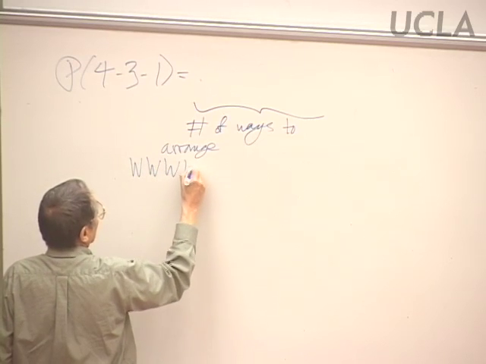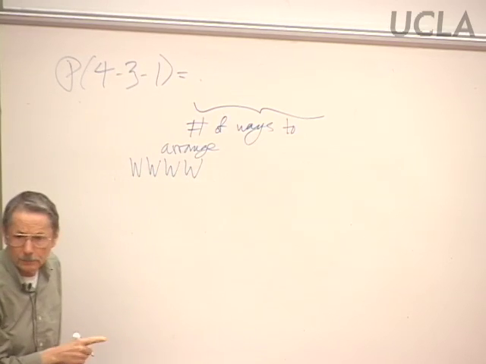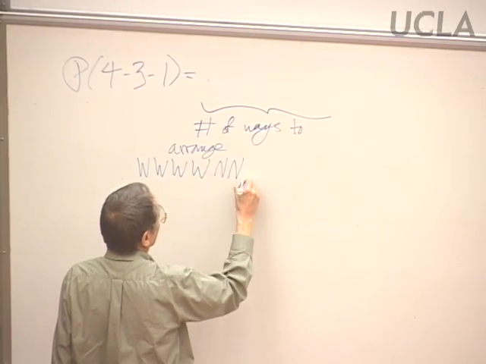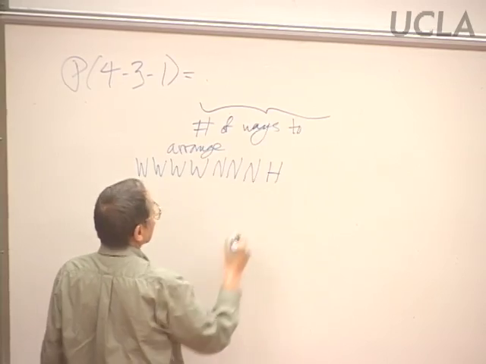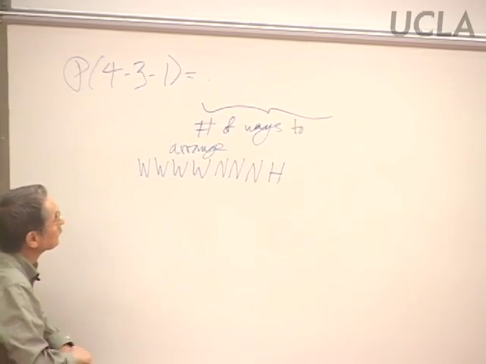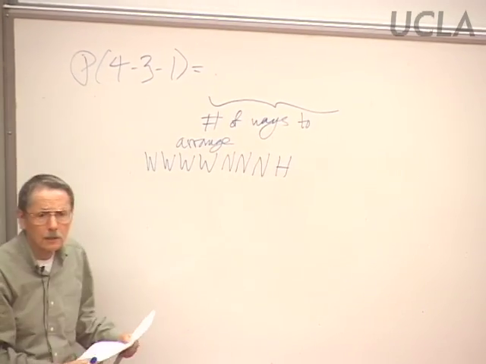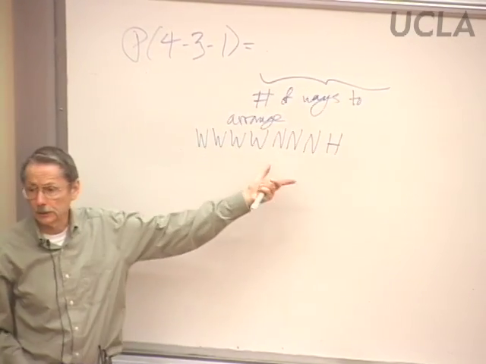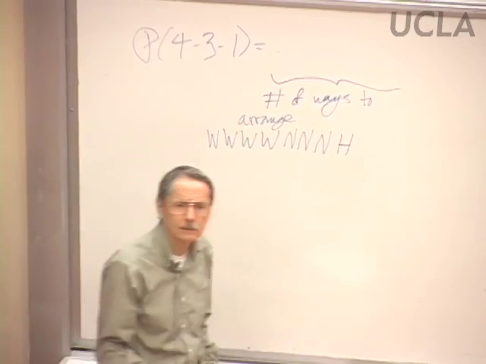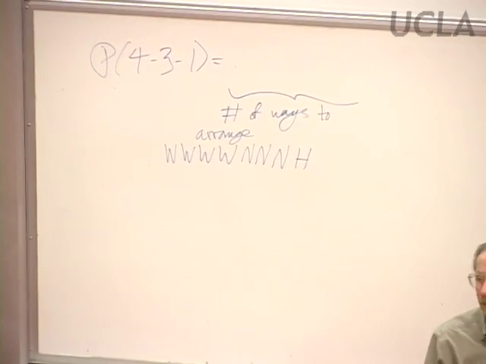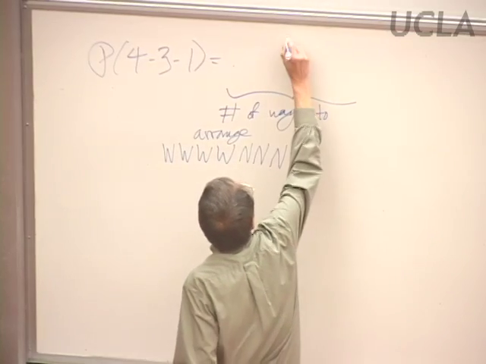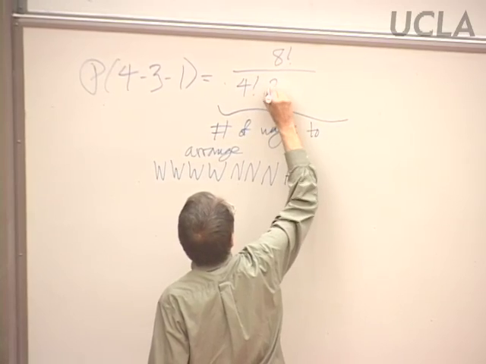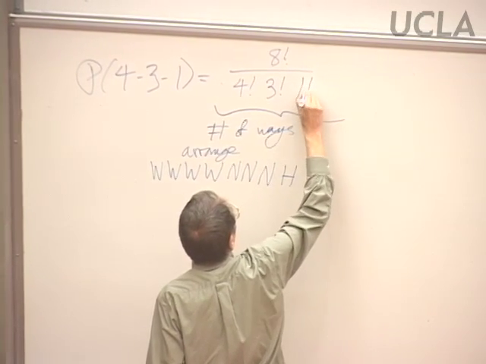We want it to work for 4 of them, no effect for 3, and harmful for 1. These 8 letters. Well, but that's old hat. We know how to count the number of ways to arrange these 8 letters. We did that back in section 12.1. 8 factorial over 4 factorial, 3 factorial, 1 factorial.